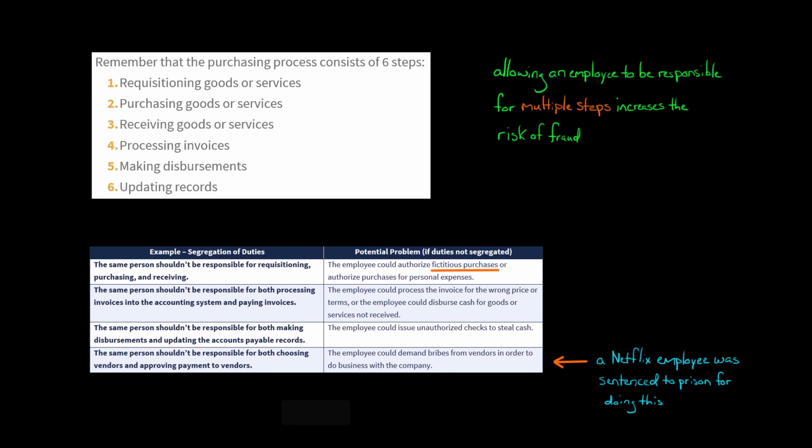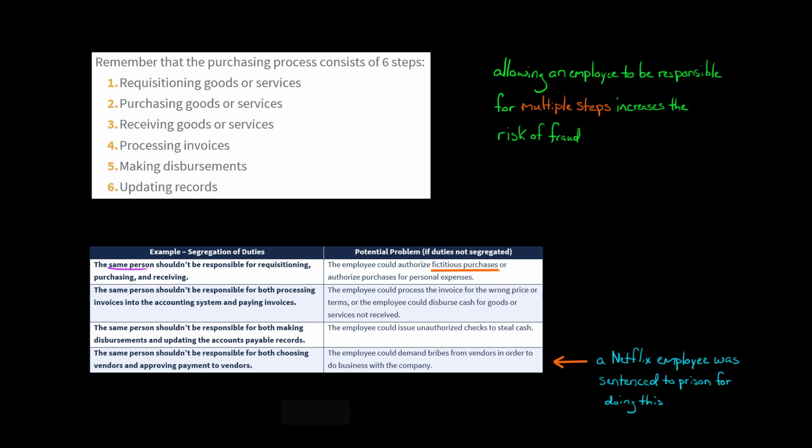For example, the same employee at the company should not be responsible for approving purchase requisitions, actually doing the purchasing, and then receiving the goods when they show up. Why not? What could go wrong if you allow the same person to do those 3 different functions?